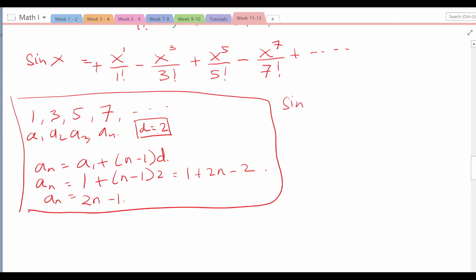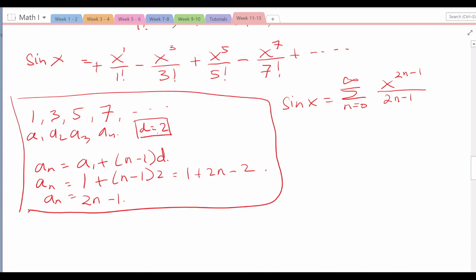Sine x, in this case, we can write as a sigma notation from 0 to infinity of x to the power of 2n minus 1, all over 2n minus 1.